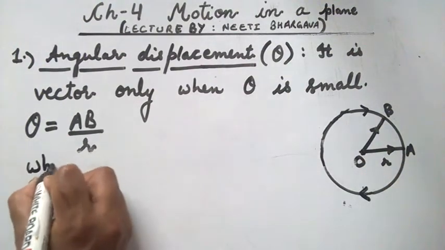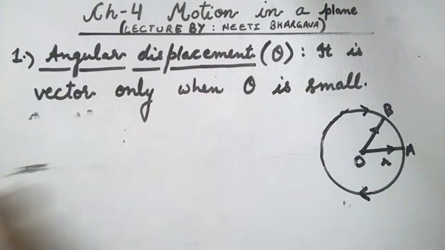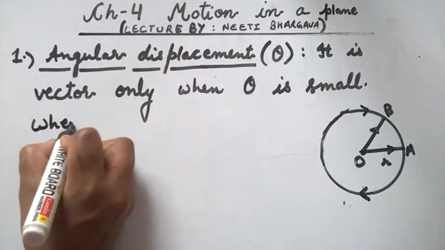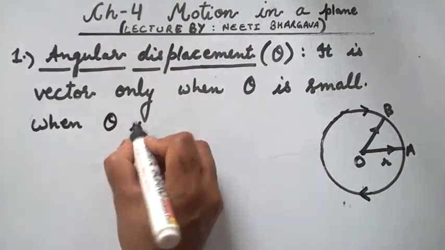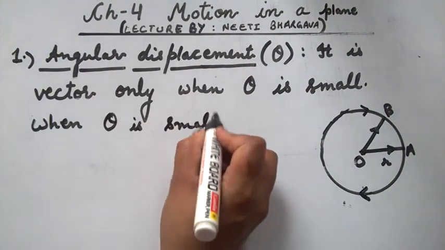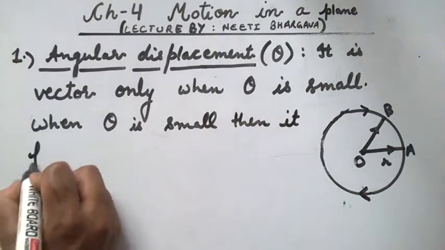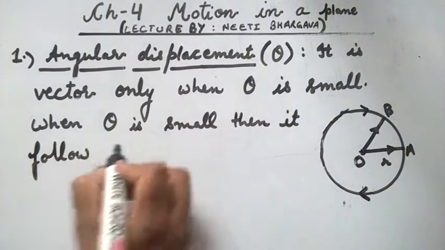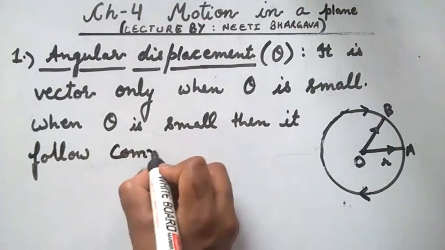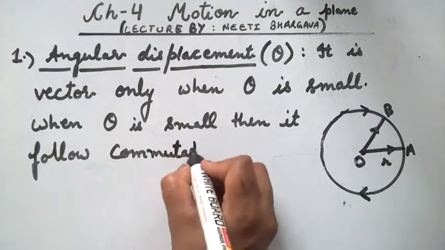When theta is small, it follows the vector property, that is the commutative law of vector addition.